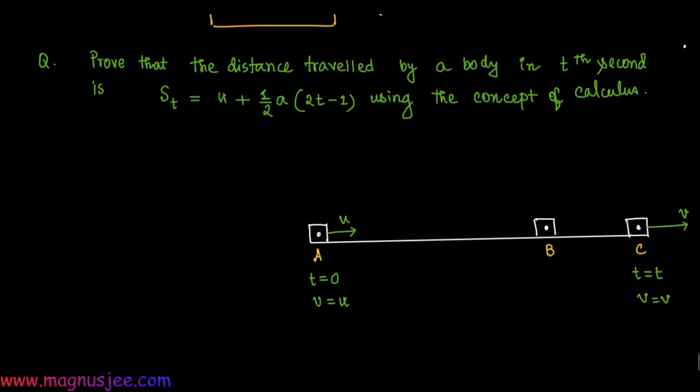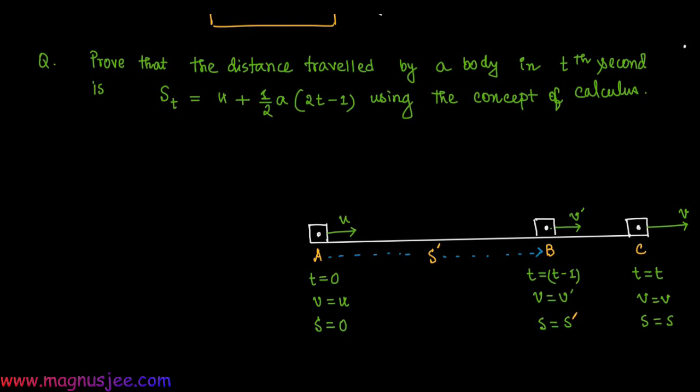Now we consider a point B at which time t is equal to t minus 1 second. At the point B the body is moving with velocity v prime. At A, s equal to 0; at B the displacement s is equal to s prime; and at C the total distance is s.